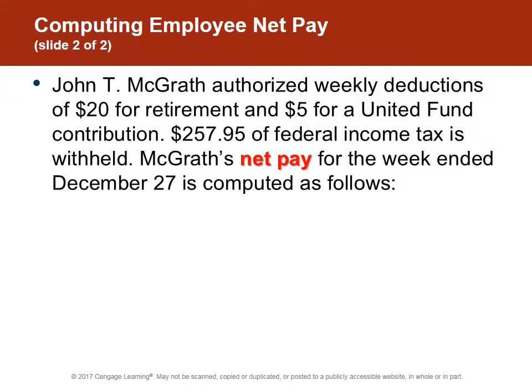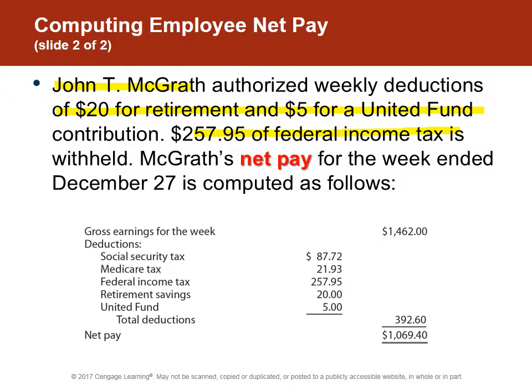Okay, so let's look at a calculation of the employee's pay. So if John says, I will authorize, and he signs authorizations for money withheld for retirement, this is a charity, and for federal income tax, then his net pay is going to be calculated as follows. His gross pay, as we've already talked about, including time and a half, and his net pay, net is always after the deductions.